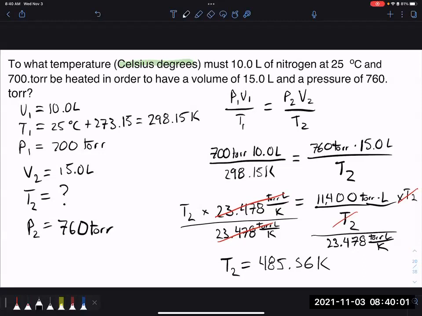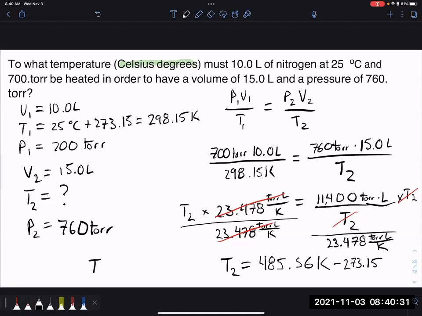So we have to convert this back to degrees Celsius because that's what our prompt has asked us for. So to get degrees Celsius, we take our 485.56 minus 273.15. And so our final answer will be, it's a really big number.